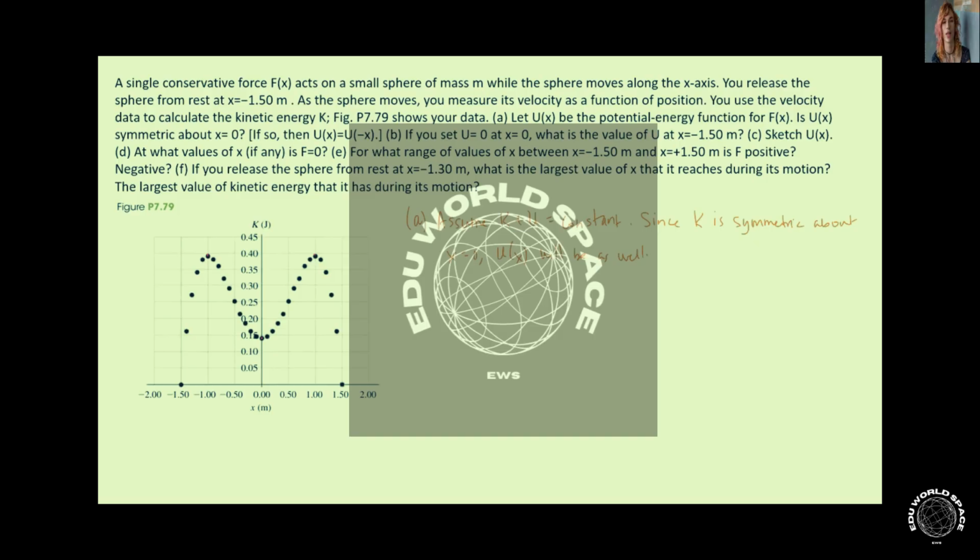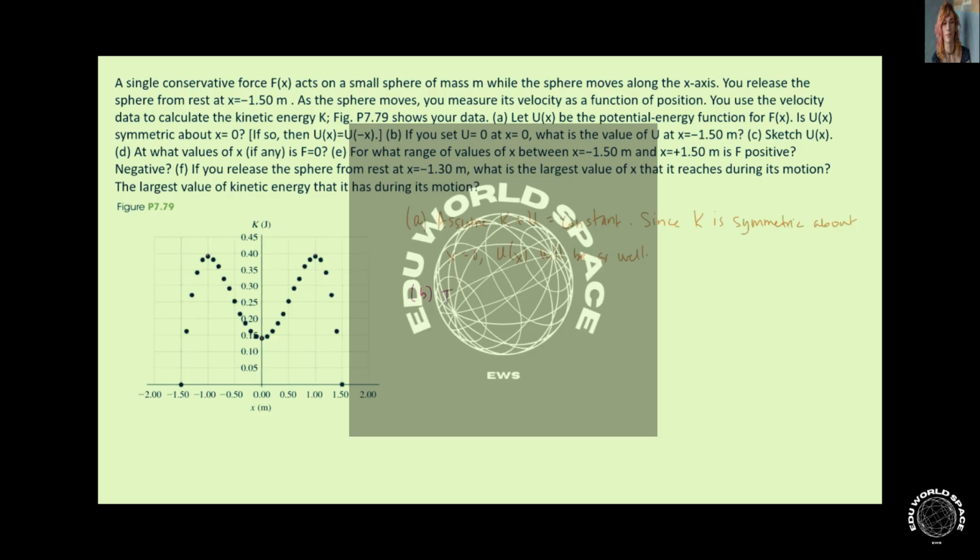And next we are asked, if we set U equals 0 at x equals 0, then what will be our value of U at x equals negative 1.5 meters? What helped me understand this is to not worry about setting U equals 0 at x equals 0 at first.